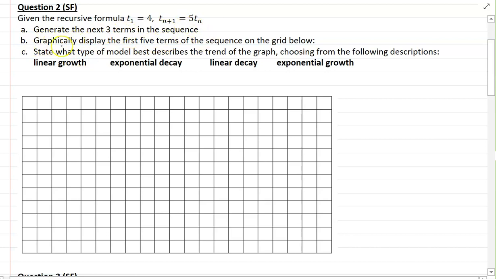Again, we're going to look at graphically displaying the first 5 terms of the sequence on the grid below, and then have a look at the shape of the graph and state what type of model best describes the trend of the graph, choosing from the following descriptions. So you've got to choose from linear growth, exponential decay, linear decay, or exponential growth. Okay, have a go at the question by pressing pause and check in shortly.